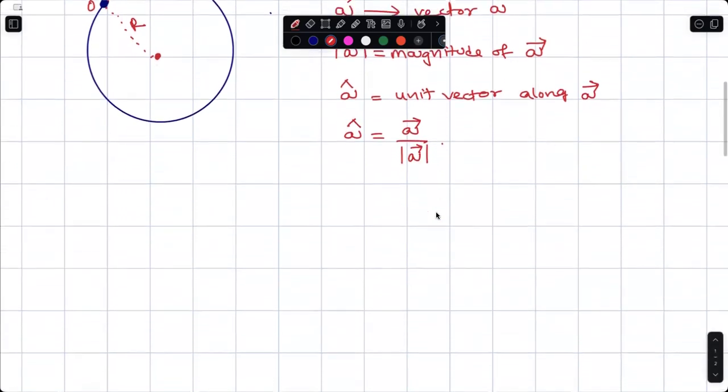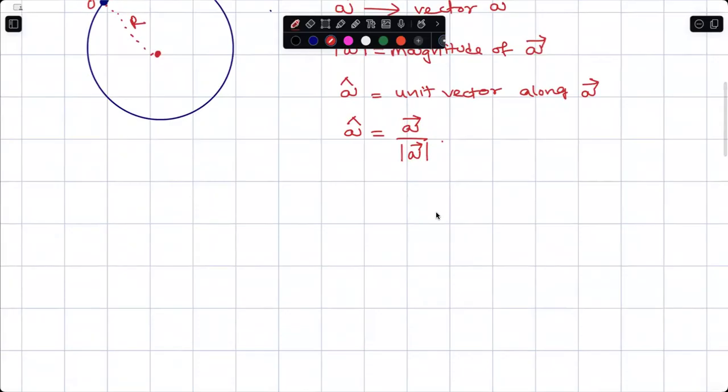See, we have a standard representation of vectors in different directions. I'll give you one example for this. Remember, I'm giving a backup class of vectors. For example, in our Cartesian coordinate system, say this is the x-axis and this is the y-axis.